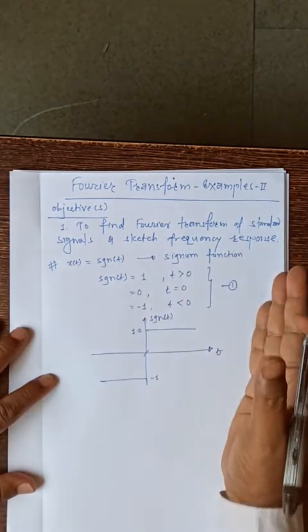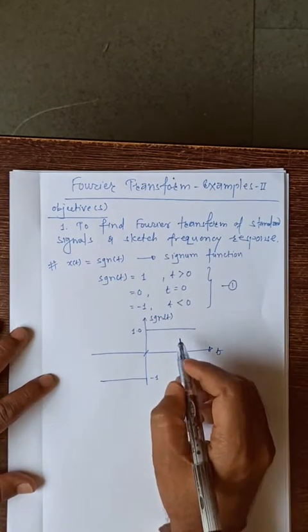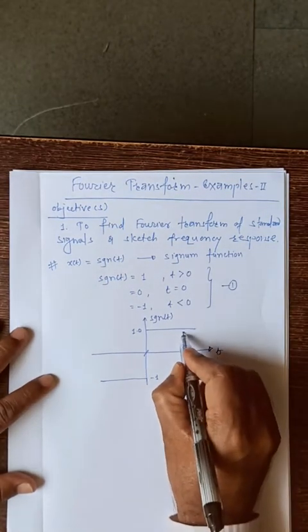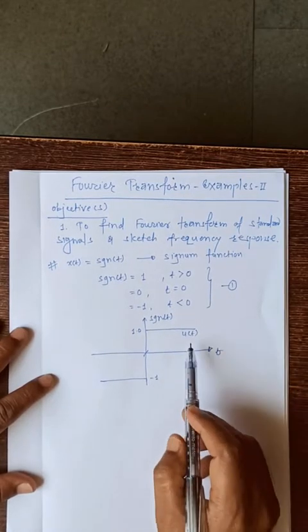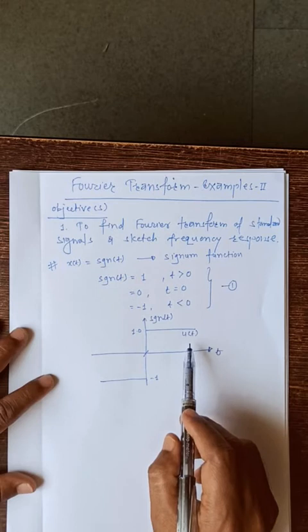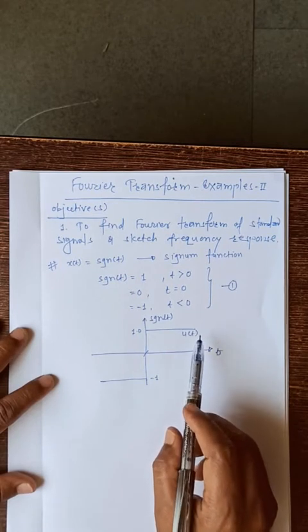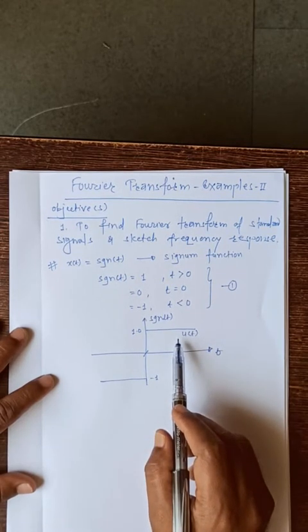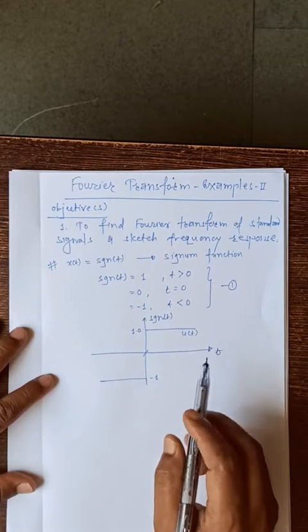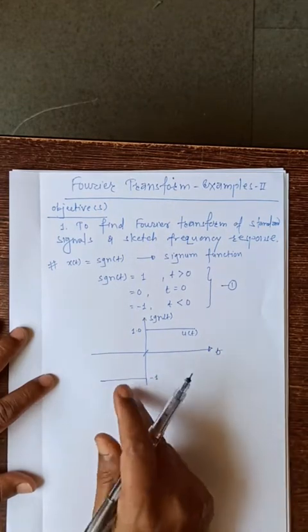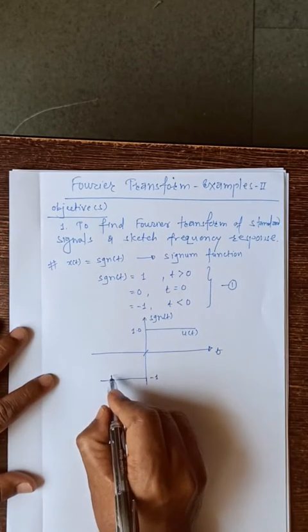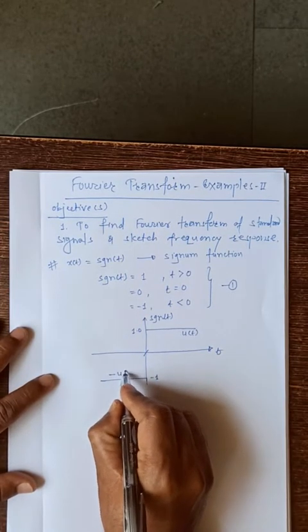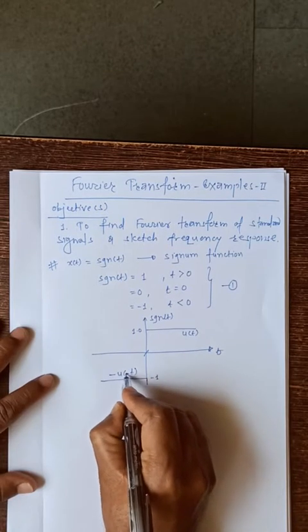If we consider this part of the signal, we can name it u(t), the unit step signal, which is equal to 1 for the values of t greater than 0. And if you consider this part, this is u(-t), with signal inversion, so minus u(-t).